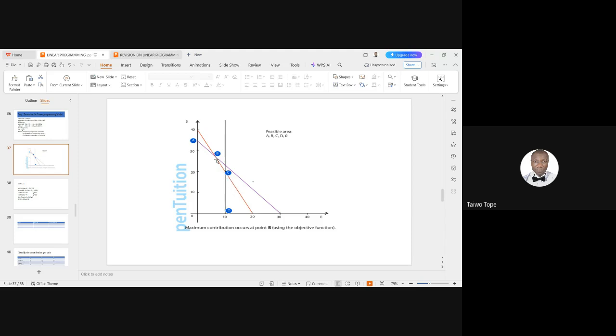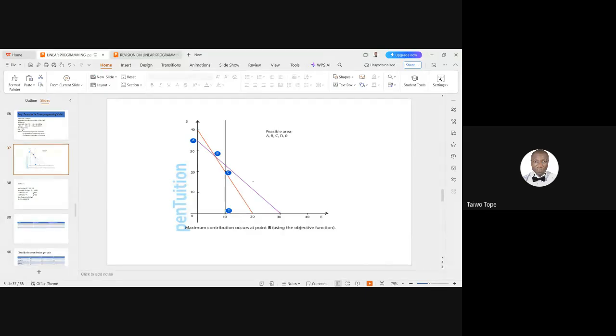Which value will you pick on this line? I don't know if you get that. So I don't get it. Yes, you know the contribution you are getting for points A, B, and C, right?